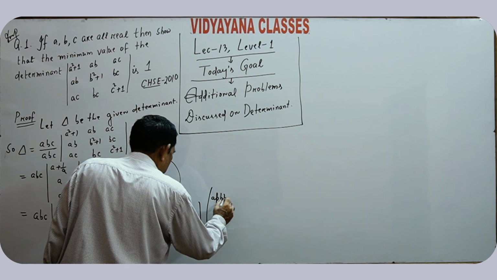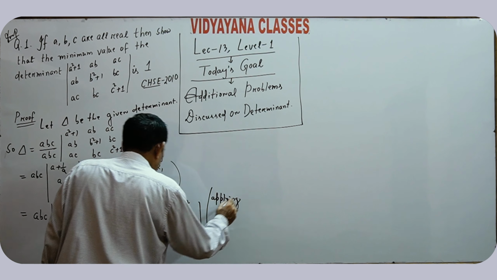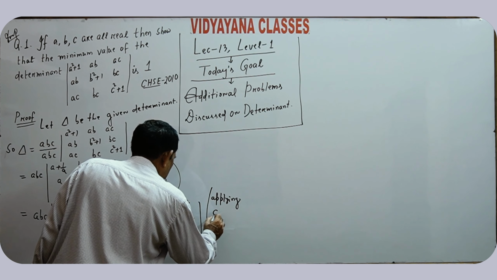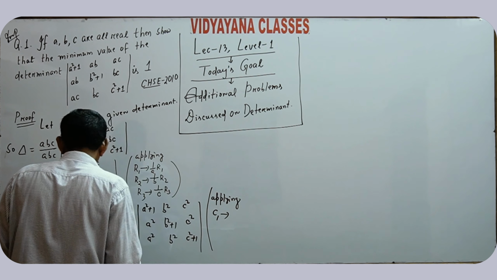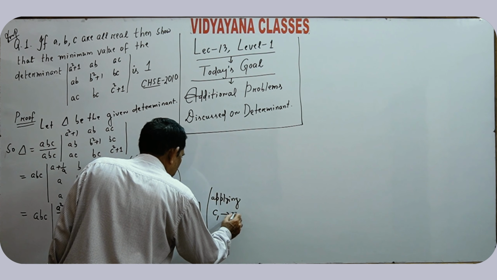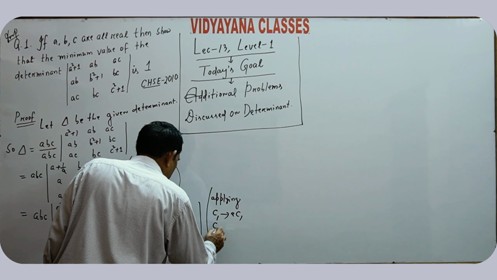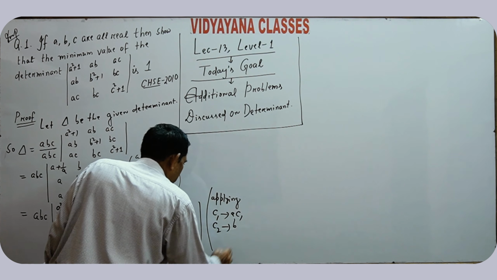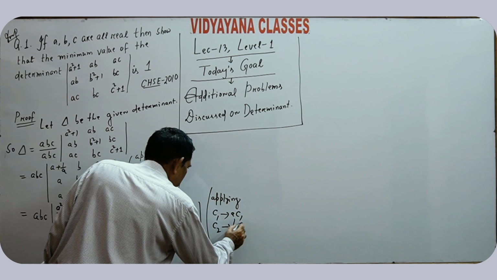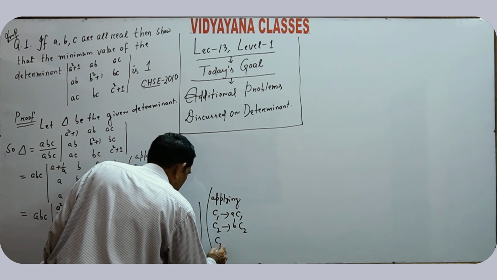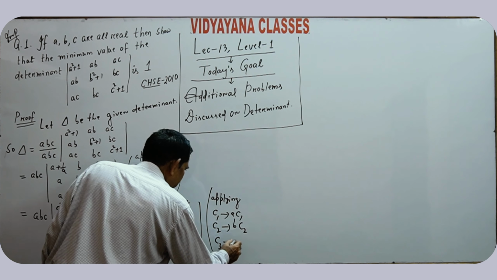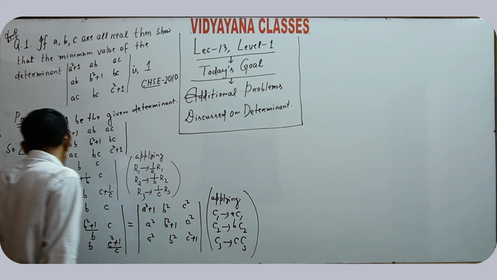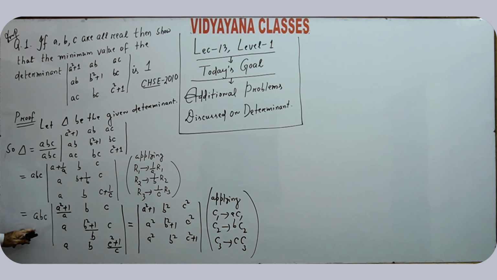Applying column 1 is multiplied by a, column 2 is multiplied by b, column 3 is multiplied by c. a, b, c are real numbers.